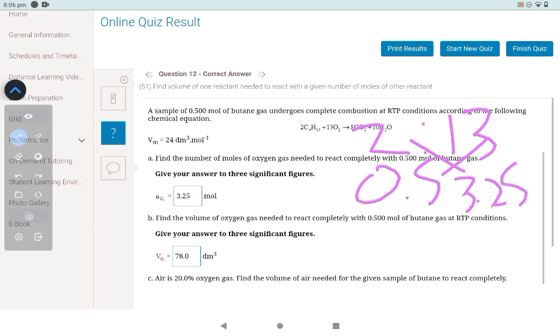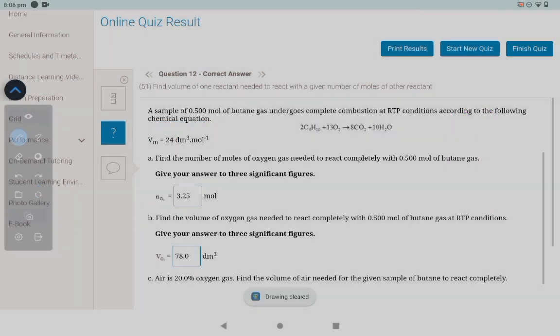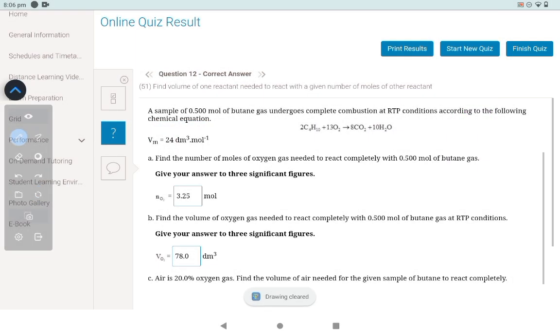Now, find the volume of oxygen gas needed to react completely with 0.5 moles. We found the moles of oxygen gas, so we just multiply 3.25 by the RTP condition, which is 24. We get 78.